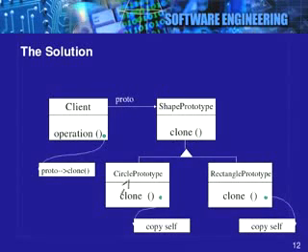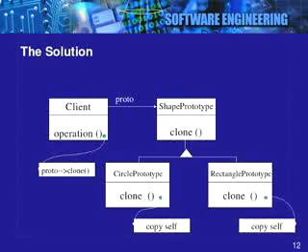So this is actually your circle class and this is your rectangle class. They have to implement this method clone, and this is your client code. The client code is that part of your application which accesses all shapes and asks for clones of the selected shapes. So the client has this link into this hierarchy.